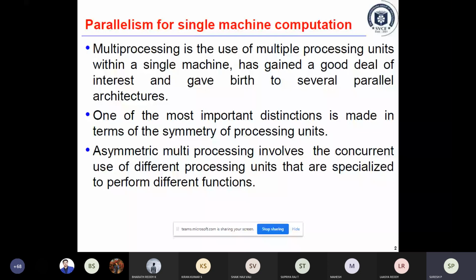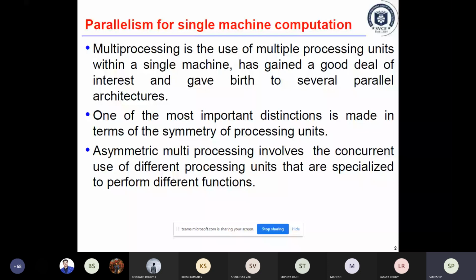When you talk about multiprocessing, multiprocessing is nothing but the execution of multiple programs within a single machine. The layman's definition is the execution of multiple programs in a single machine. In multiprocessing, you are going to have multiple processing units. What do you mean by multiple processing units?